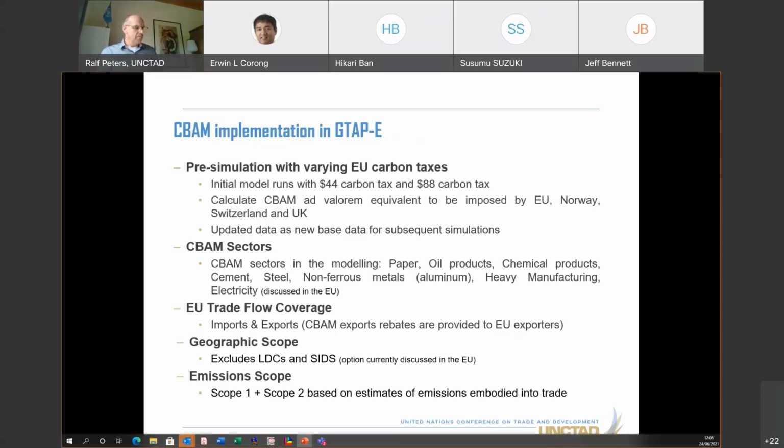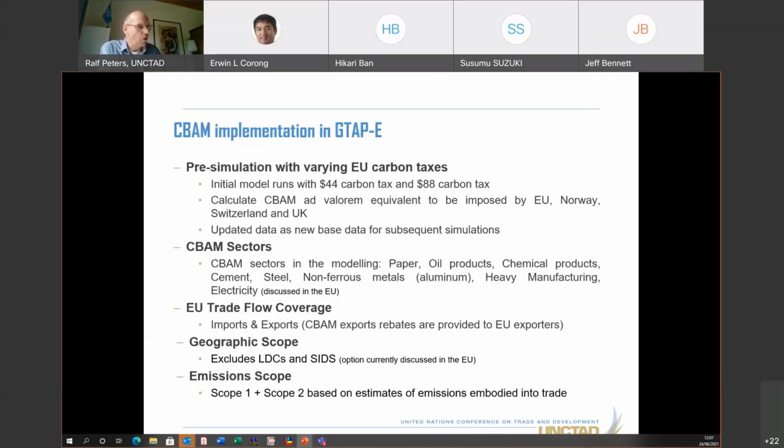So what we do in particular is we have a pre-simulation where we introduce a carbon price of $44, and in a sensitivity analysis we introduce a carbon price of $88 per ton of emissions in the EU. We then calculate the CBAM, the carbon border adjustment tax, an ad valorem equivalent that would be imposed by the EU plus its 3 ETS partners, which is Norway, Switzerland, and the United Kingdom.